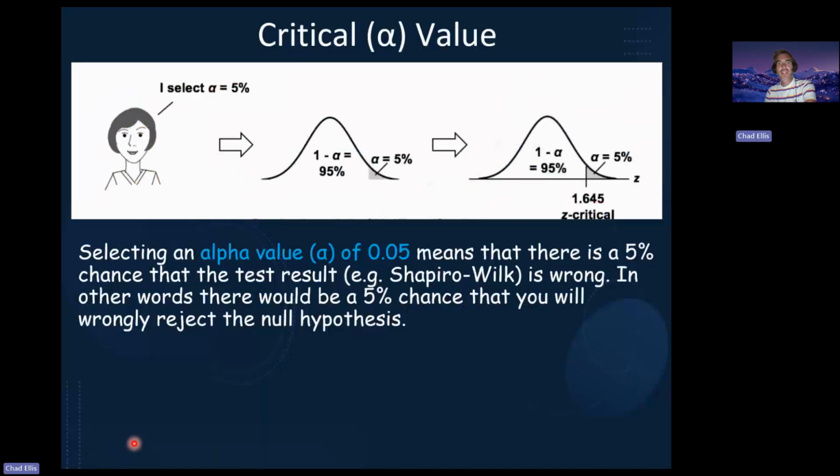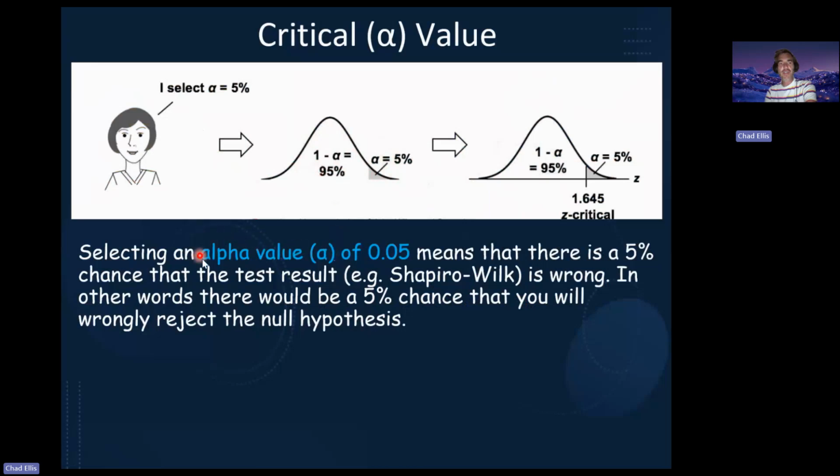So again, think of the alpha value, the critical value, as kind of the threshold that the p-value has to be smaller than in order for us to reject the null hypothesis. If our p-value is greater than the critical value or alpha value, we're going to fail to reject the null hypothesis, and we're going to keep with the assumption that our data set is normally distributed.